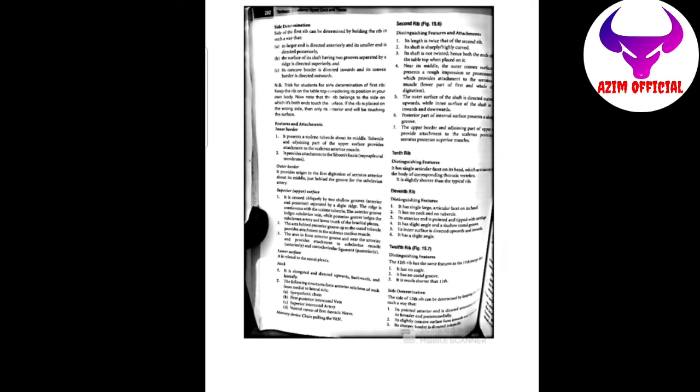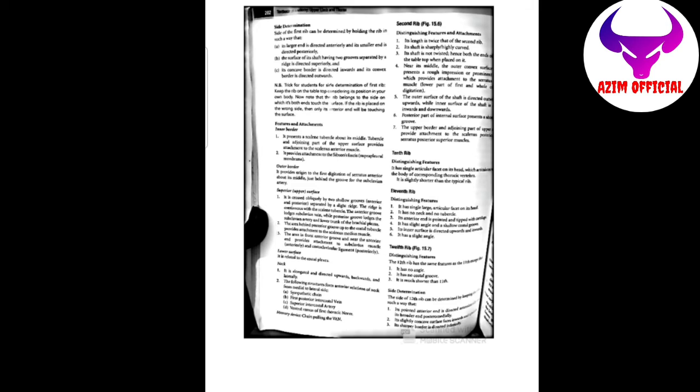First rib distinguishing features: it is the shortest, broadest, and most acutely curved, as I said previously. Its shaft is flattened. It is the only rib which has a flattened shaft. Other ribs have a curvy shaft, and other ribs have upper border, lower border, all those things.